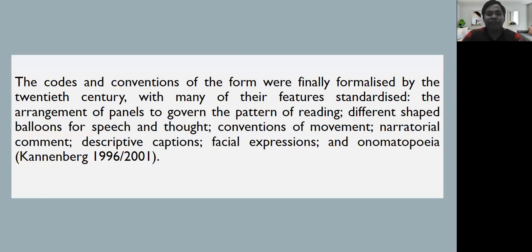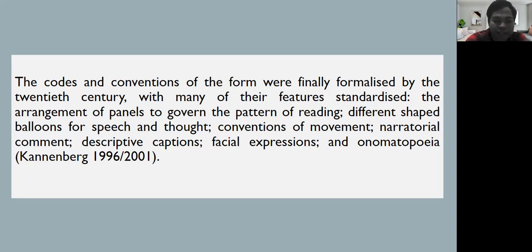The codes and conventions of the form were finally formalized by the 20th century, with many of their features standardized: the arrangement of panels to govern the pattern of reading, different shaped balloons for speech and thought, convention of movement, narratorial comment, descriptive captions, facial expressions, and onomatopoeia.